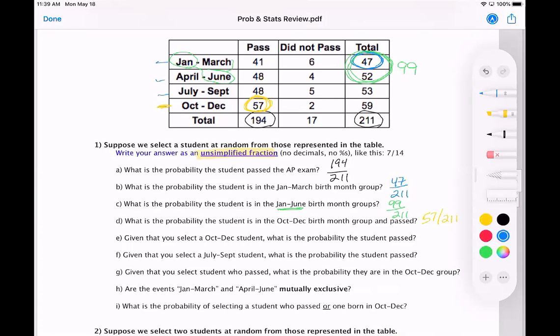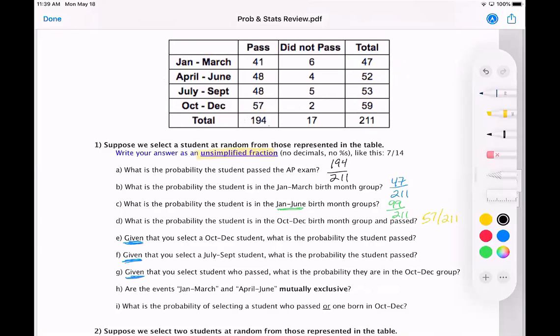Letter E is a conditional probability. You know it's conditional because it says given. The next several are going to be conditional probabilities. Given that you select an October-December student, what is the probability the student passed? These are the kind that I really like because I get to erase a lot of the table.